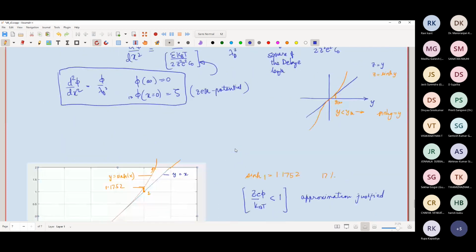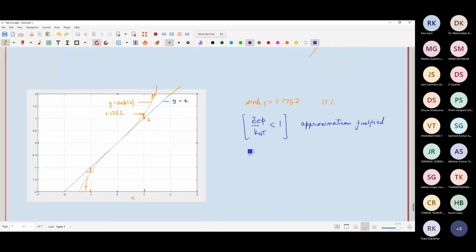Keeping in mind this fact, we have to ensure that Zeζ over kBT has to be less than 1. The magnitude of this has to be less than 1, which means ζ has to be less than kBT over Ze. So if the electric potential at the wall is less than kBT over Ze, then we can say that the approximation is justified.